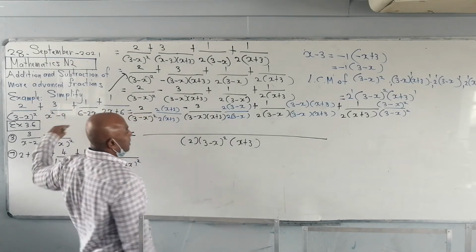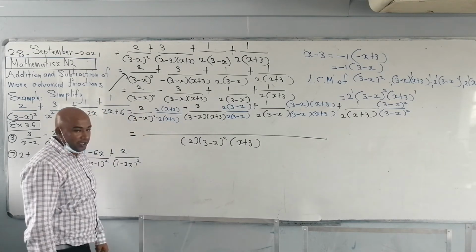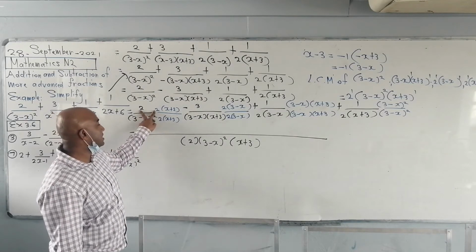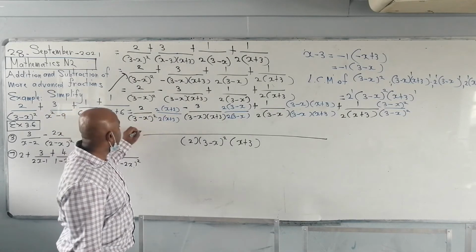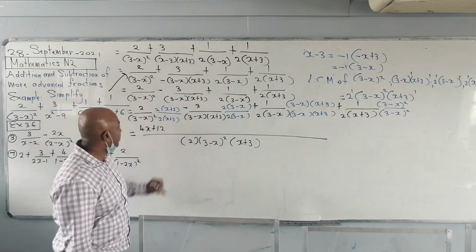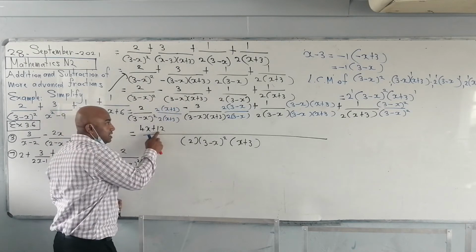We need to multiply this whole thing out on the top. Right, so now be careful with this here. So I've got 2 times 2. Basically, this is 4. 4 times x is 4x. 4 times 3 is 12. Okay, remember this is a 4, yeah? So 4 times x and 4 times 3.